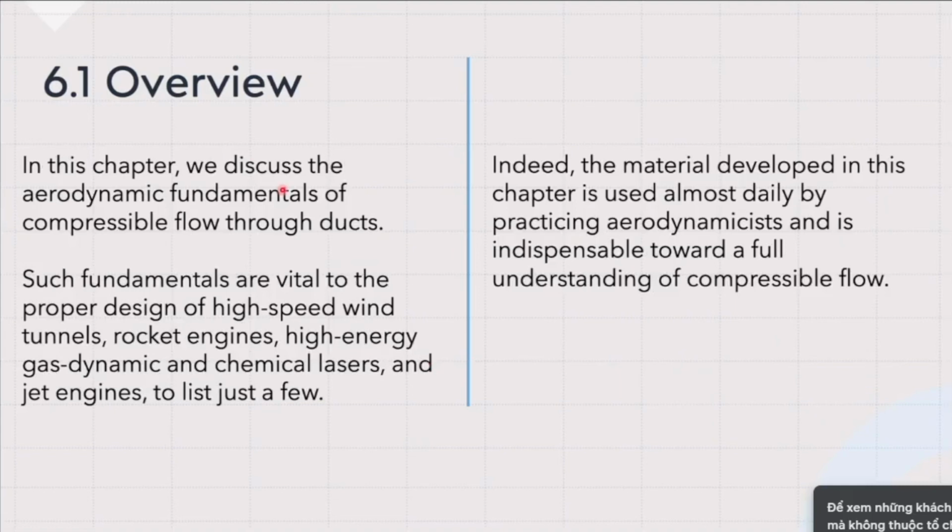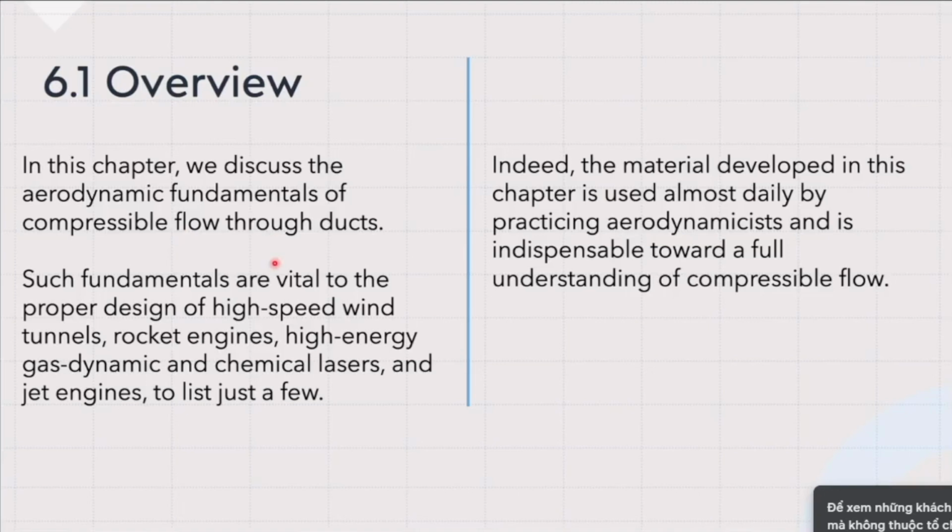In this particular chapter, compared to the rest, we will discuss the aerodynamic fundamentals of compressible flow through ducts. All this while, what we have gone through so far is compressible flow above or on an aircraft, not through ducts or a confined space.